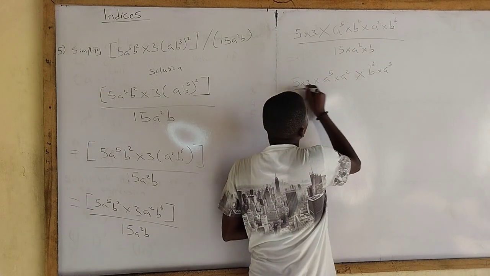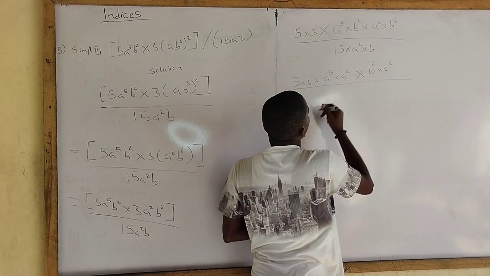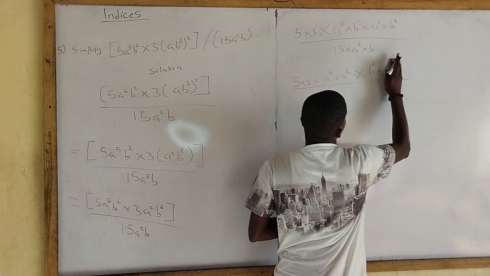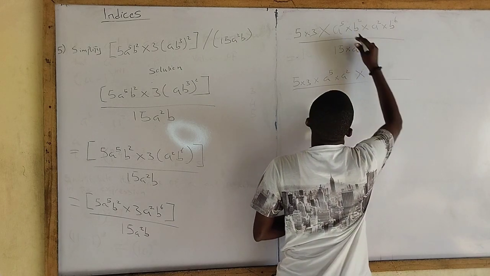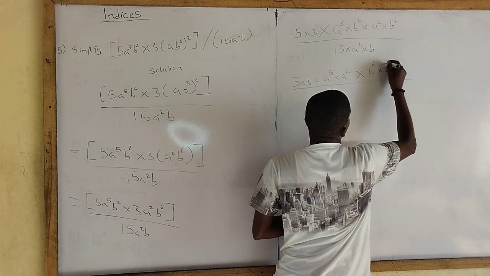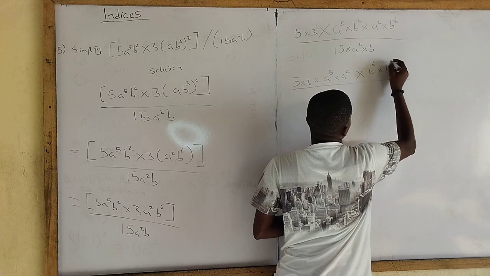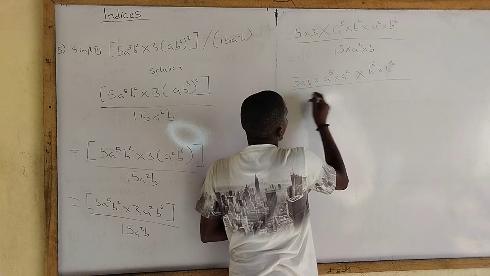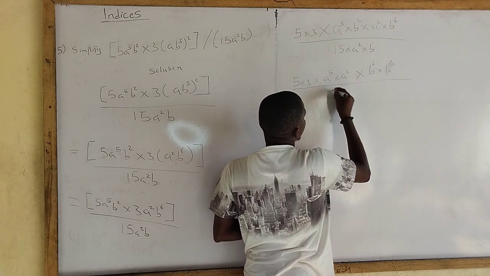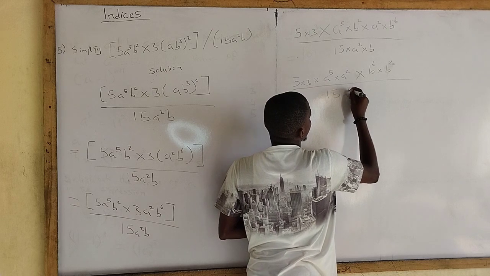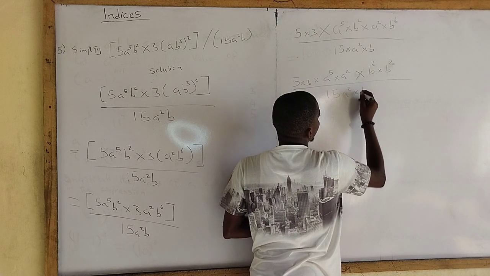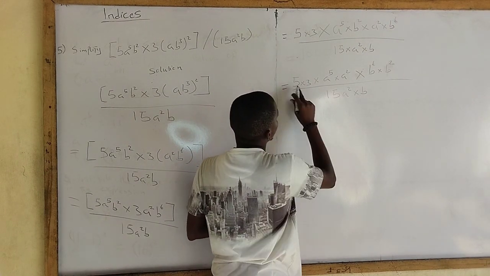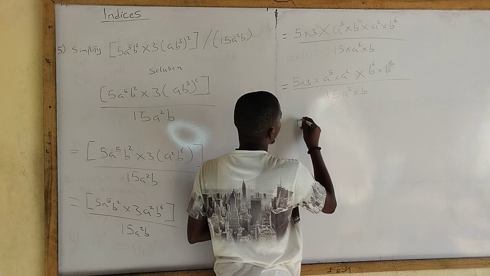So that we have, sorry, we bring the b, b raised to the power of 2 here, b raised to the power of 2, all over 15. So 5 times 3 is 15.